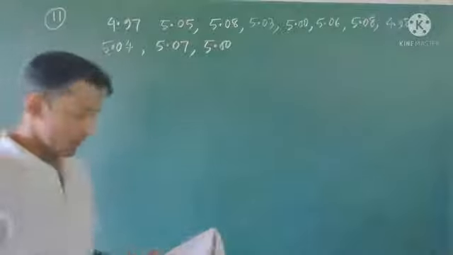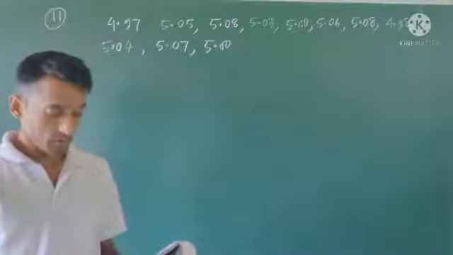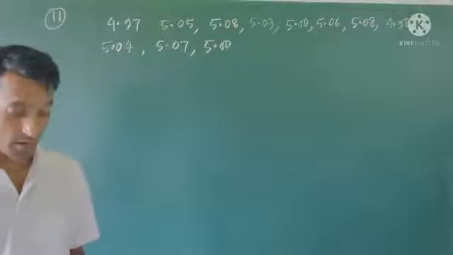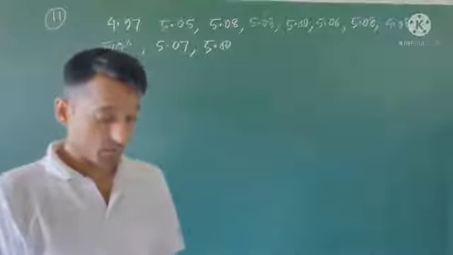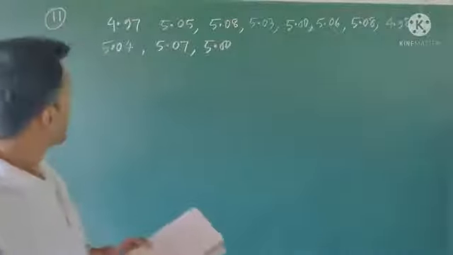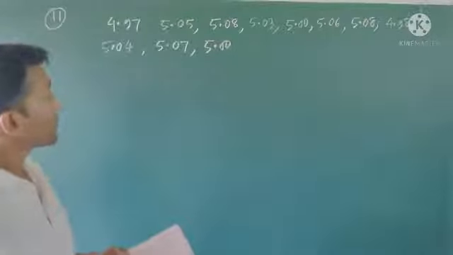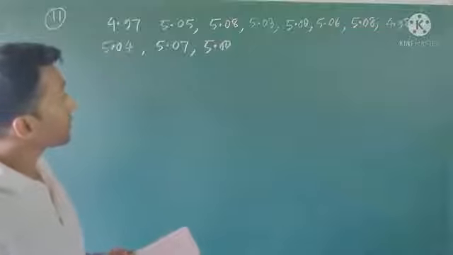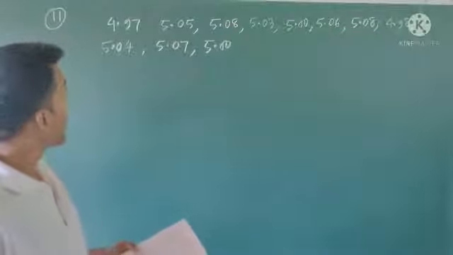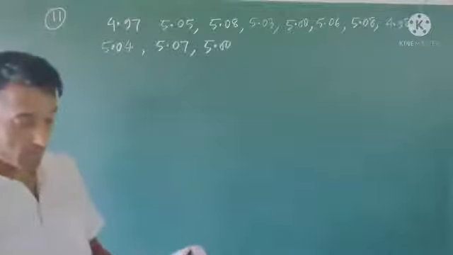Next, you see question number 11. 11 bags of wheat flour, each marked 5 kg, actually contain the following weights of flour in kg. So what is given? 4.97, 5.05, 5.08, 5.03, 5.00, 5.06, 5.08, 4.98, 5.04, 5.07 and 5.00.